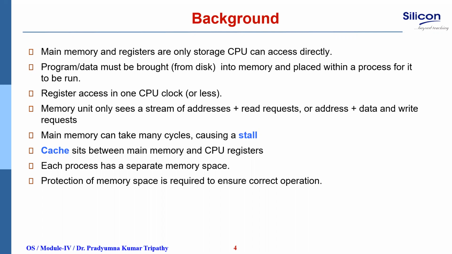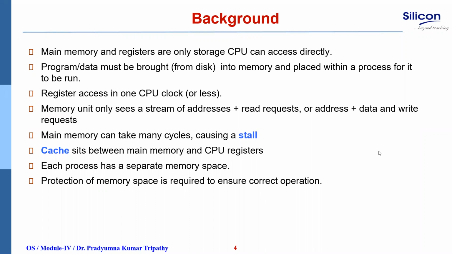You may have secondary devices, hard disks, floppy drive, pen drive. The CPU does not have direct access to them. So data is transferred from the other devices to the memory or to the registers, from which the processor accesses it.